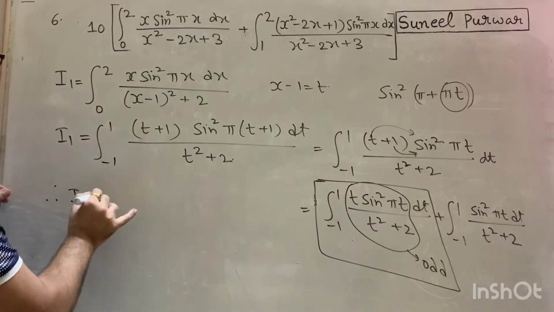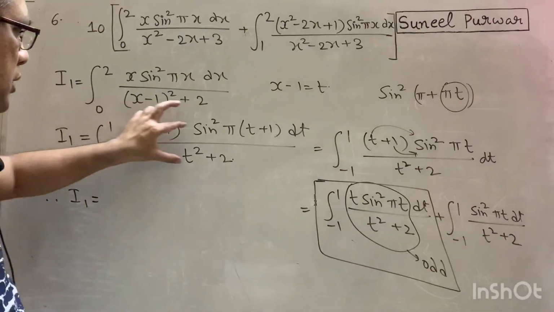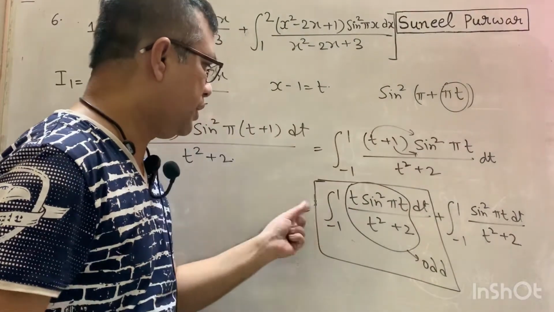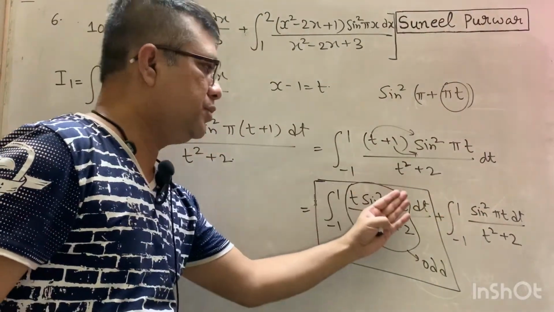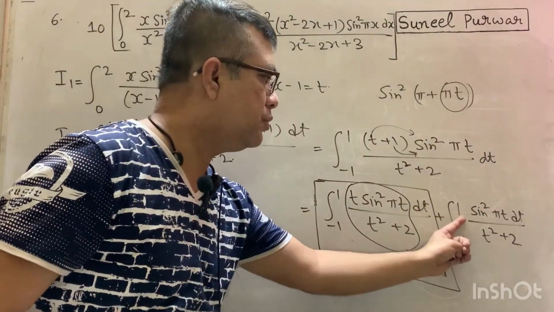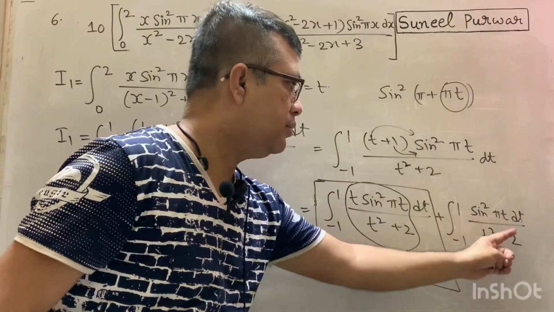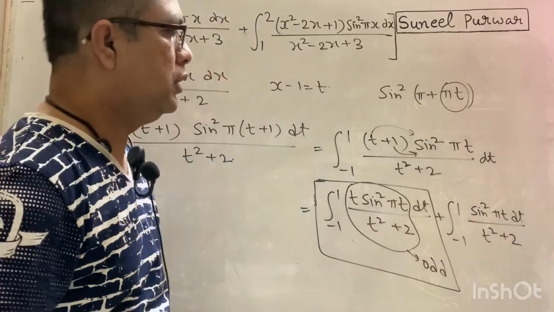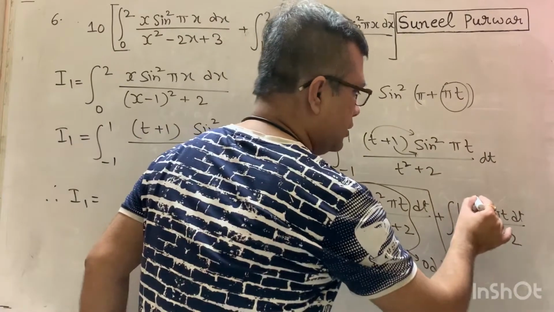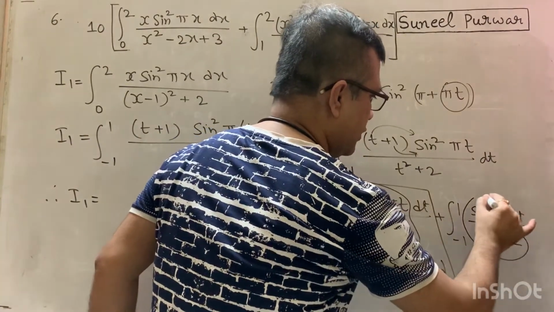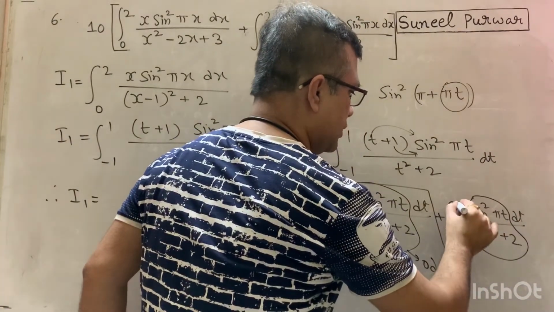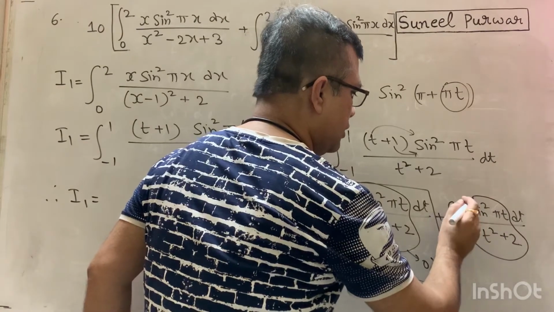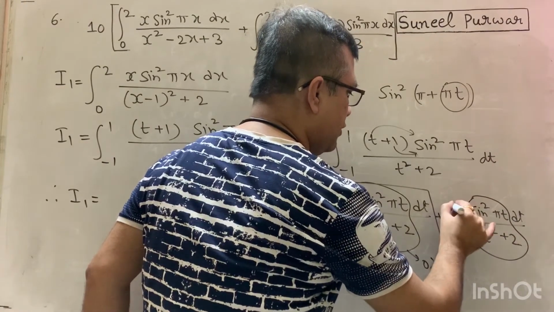So hence I1 is equal to, it was this, then became this, and then became this. So part of this became 0. So what is left? Integral from minus 1 to 1 of sine square pi t dt upon t square plus 2. Now if you cooperate, you can check this is an even function, and use the property when your integrand is an even function.